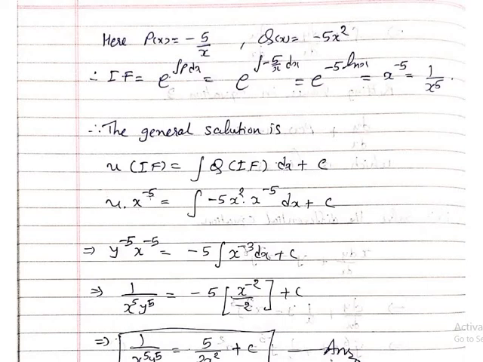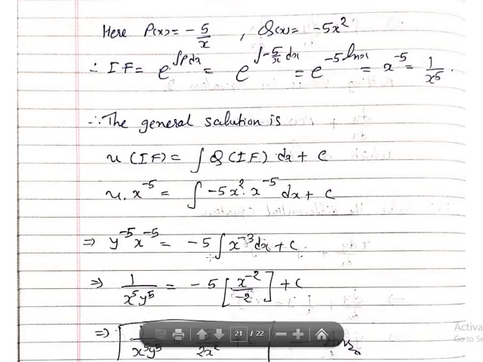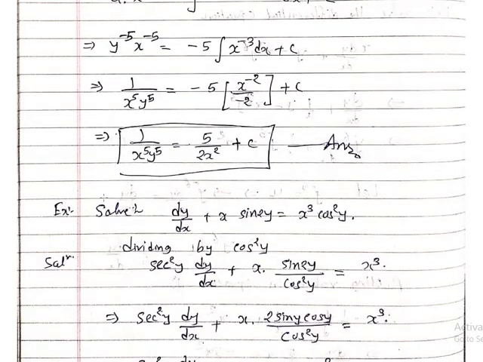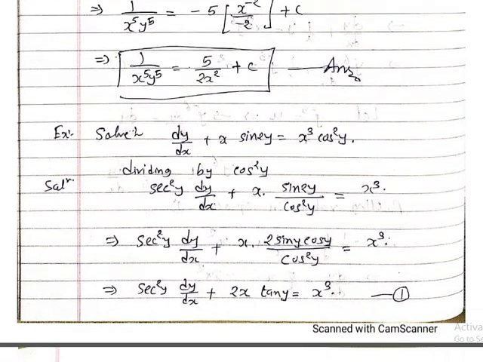So u into x raised to minus 5 is equal to integration minus 5x square into x raised to minus 5 dx. So u is y raised to minus 5. Here integration of x raised to minus 3 is x raised to minus 2 upon minus 2. So you will have 1 upon x raised to 5 y raised to 5 is equal to 5 upon 2x square plus c. This is your final answer.